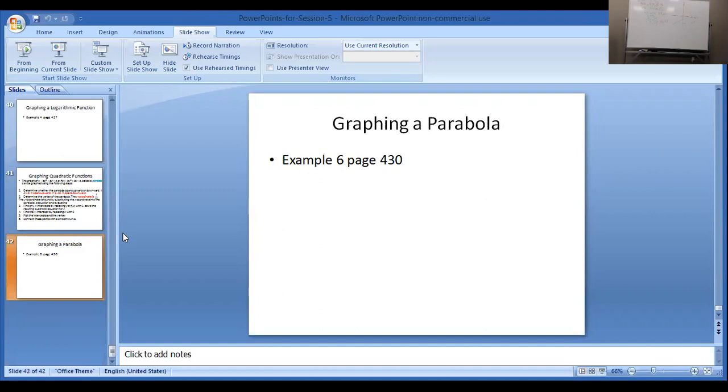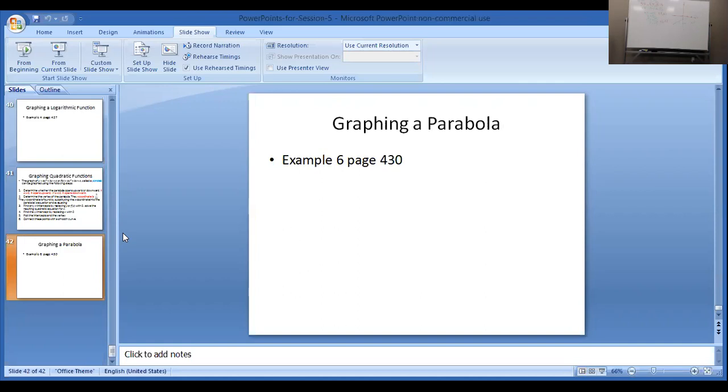It tells us this graph cuts the x-axis at point 3 and point minus 1.